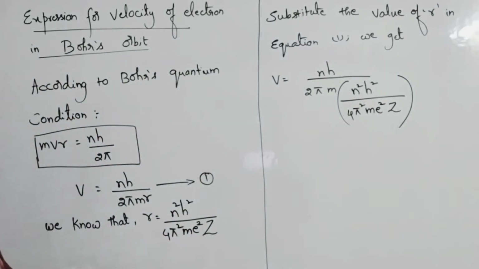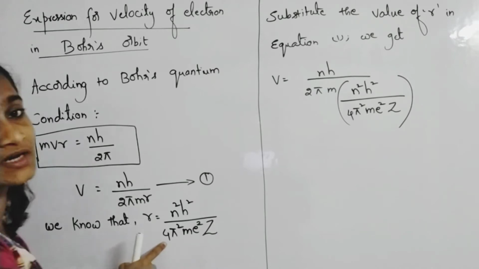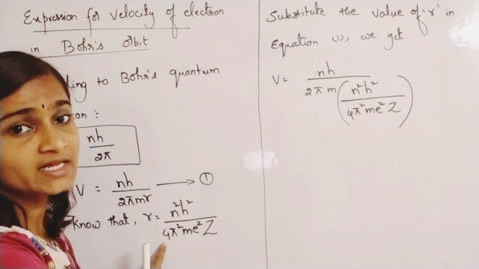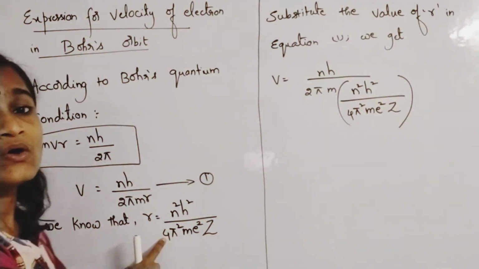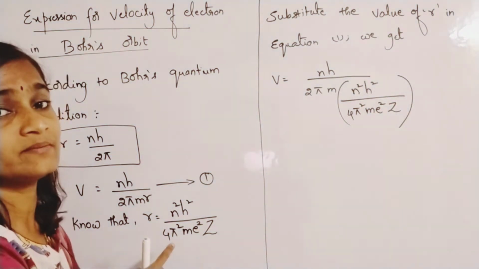We substitute the formula for r, which we have already learnt in the previous video: n square h square by 4 pi square me square z.